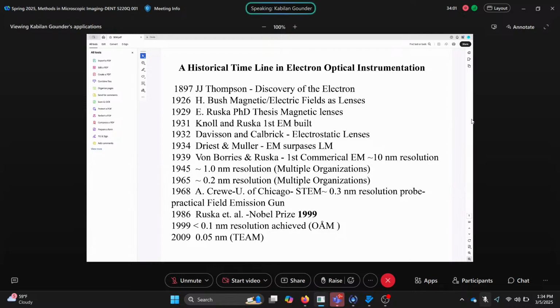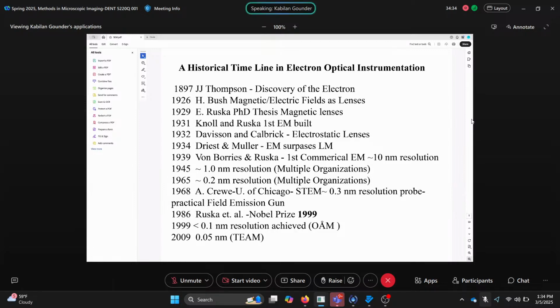In 1931, Knoll and Ruska built the first EM. Then in 1932, Davisson and Calbick invented electrostatic lenses. Then in 1934, Driest and Müller showed that the EM surpasses light microscopy. In 1939, Von Borries and Ruska built the first commercial EM.